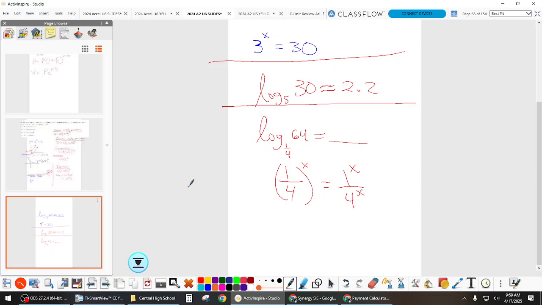What is 1 to something? Like 1 to any power. Alright, so it's really asking this question. 1 over 4 to the x is 64. So how do we figure that out? You guys remember? How did we get something from the denominator to the numerator, and vice versa? What was it?